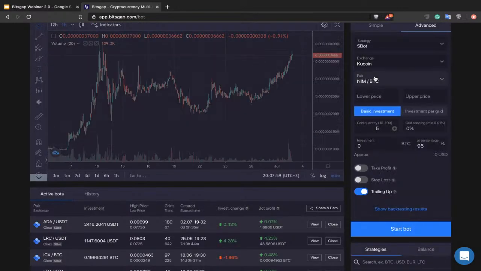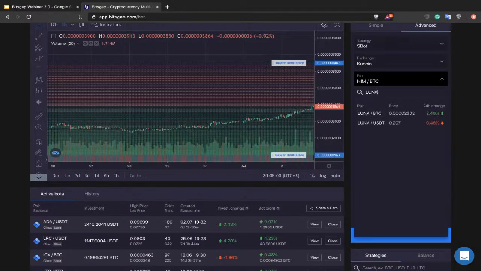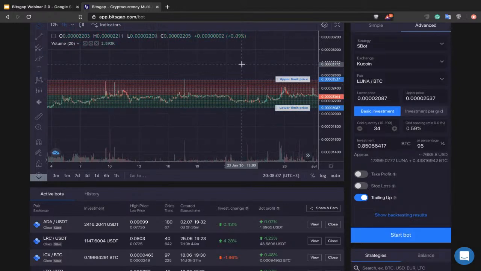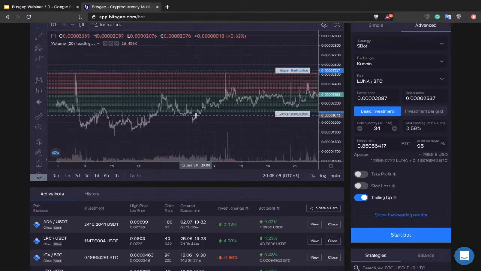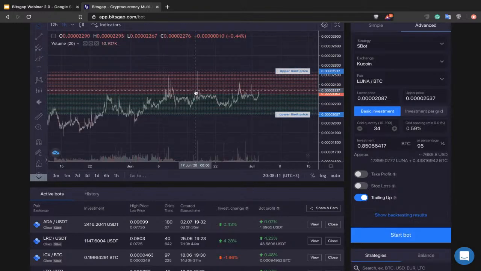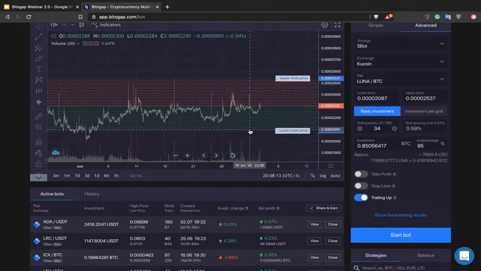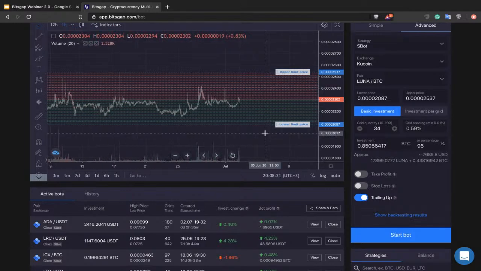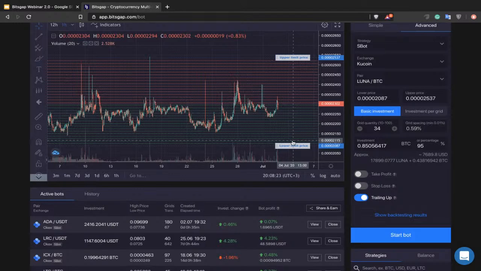KuCoin, and let's see what is going on with Luna trading to BTC. Okay, so in case of Luna trading to BTC at KuCoin, it looks like a more or less stable sideways market. And now I can clearly see that the price is somewhere in between the support and resistance level. So that can be an option to initiate the bot.